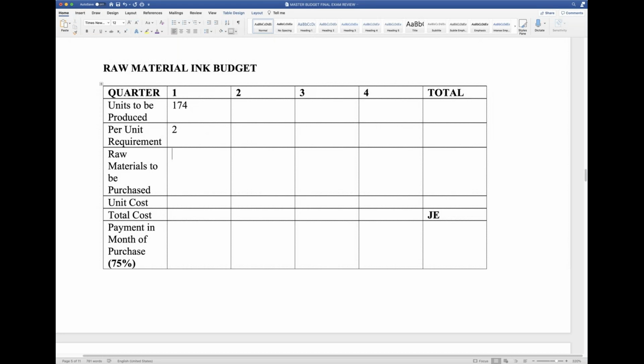So the raw materials, per the assumptions, it's going to be 348. The unit cost, dollars, total cost. Let's do that math real quick.